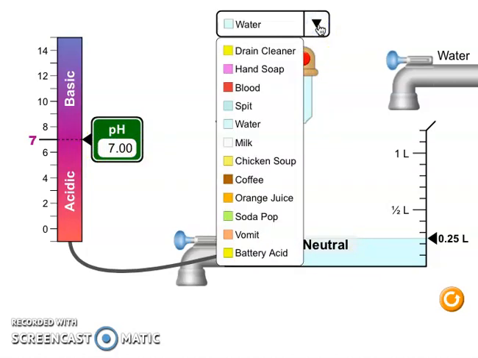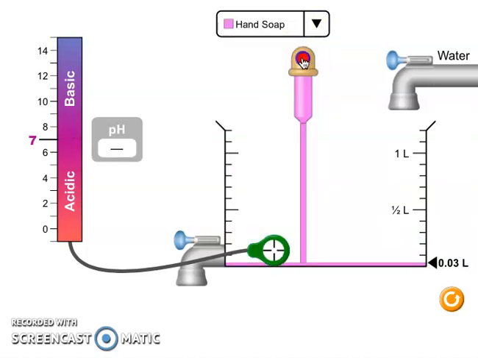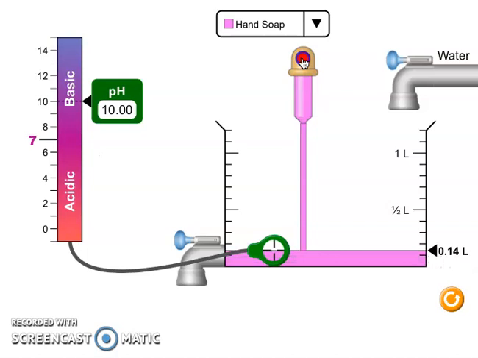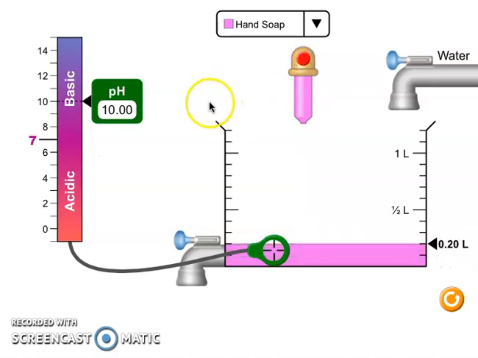So we are going to start with things that we did the last day. We'll go with hand soap, stuff that we would use at home to wash our hands, and you will see that here we knew it was a base, but now this has a pH number of 10. So it's an okay base. It's not going to obviously damage your skin, which is great, and leave it scarred.